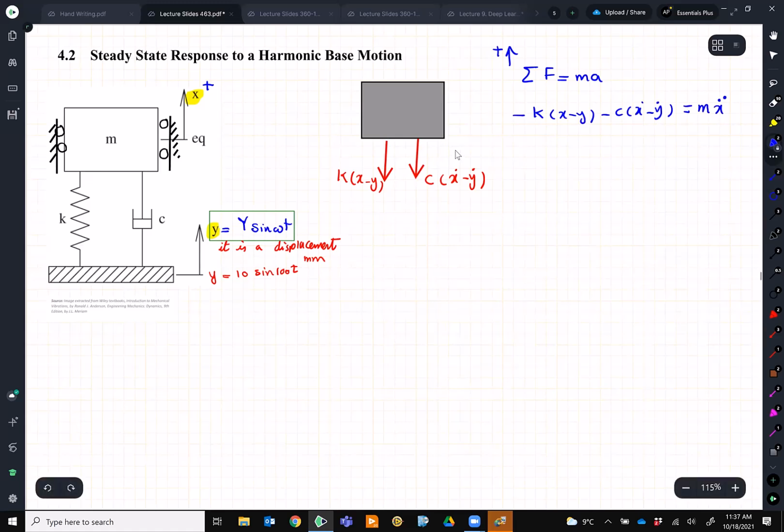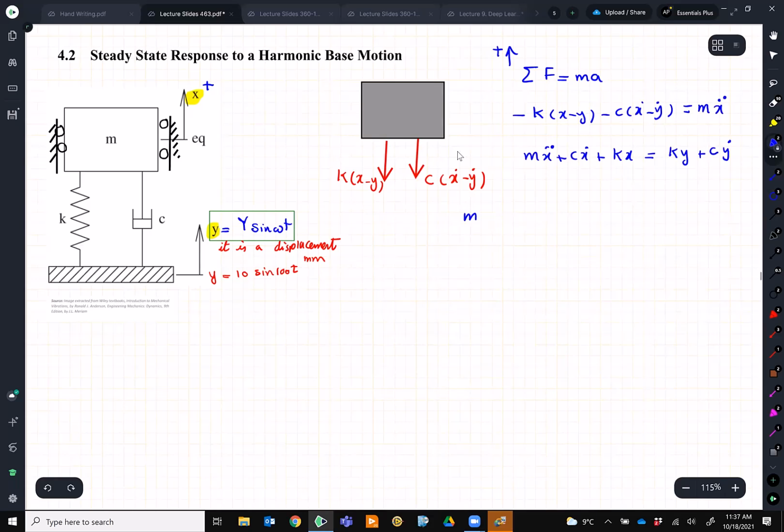I order this equation: m x double dot plus c x dot plus k x. And on the other side, what I have is k y, plus c y dot. So I replace them by their derivatives.